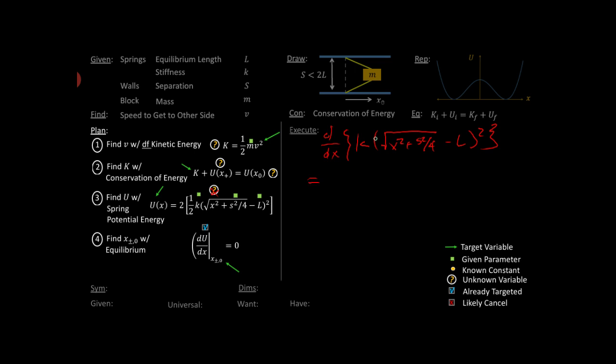We come through here, pull out the k, right? And then we take the derivative of this part here squared, which is this part, x squared plus s squared over 4. Make sure that looks like a plus.